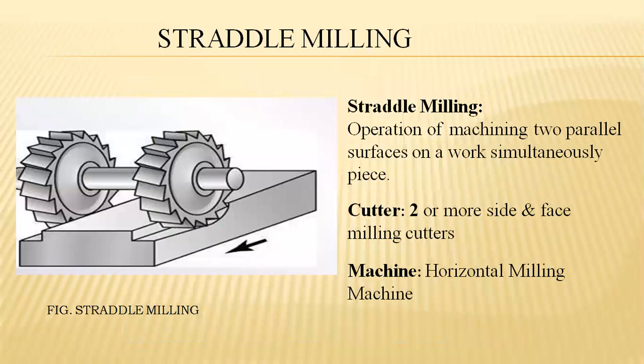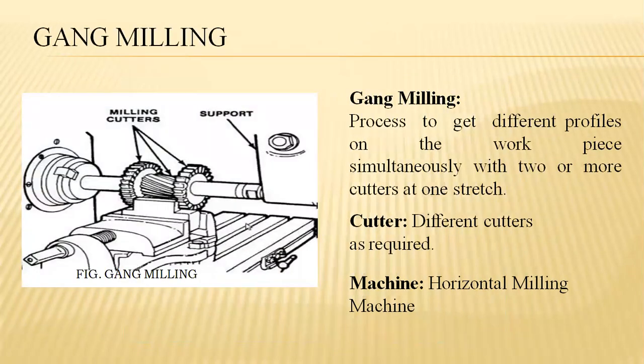Straddle milling. The operation of this milling machines two parallel surfaces on the work simultaneously. It progresses in two different stages, and two or more side and face milling cutters are considered at this stage.